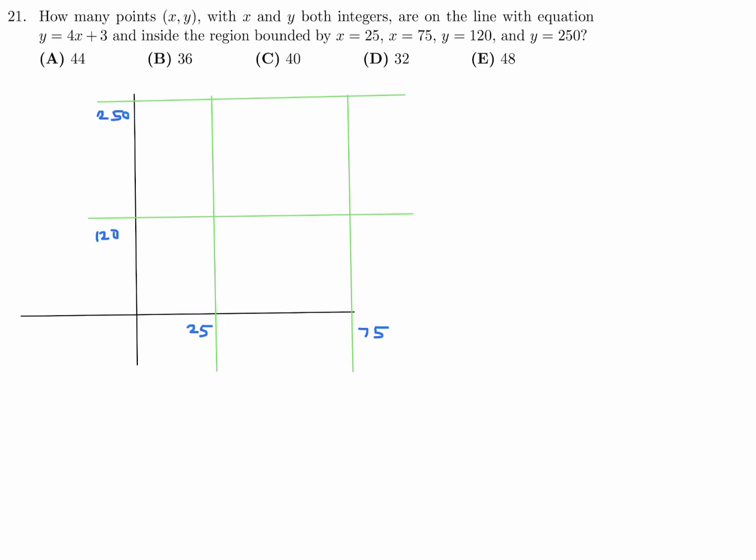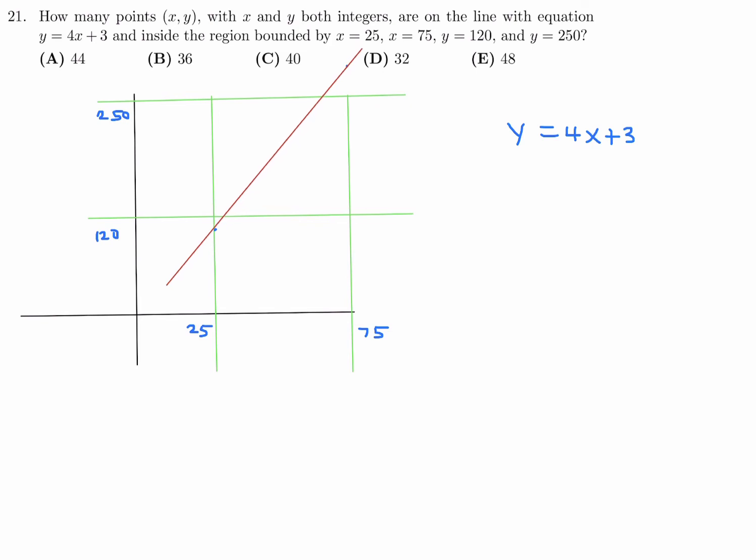And then now let's plot y equals 4x plus 3. When x is 25, we're going to have 103, so approximately here. And when x is 75, we're going to have 303, so somewhere here. And then let's connect those two points to get an idea of what this will look like, so something like this.